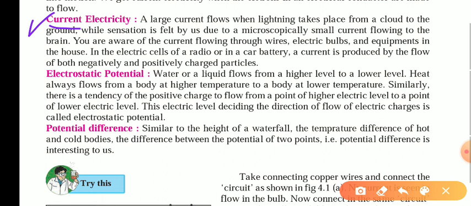When we talk about current electricity, we are transmitting it from one place to another with the help of electrical wires, or consuming it in electrical bulbs and various electrical equipment like a washing machine, refrigerator, air conditioner, electric iron.